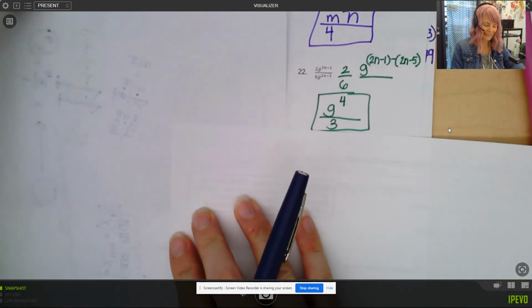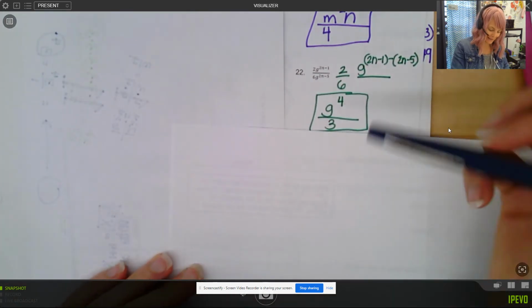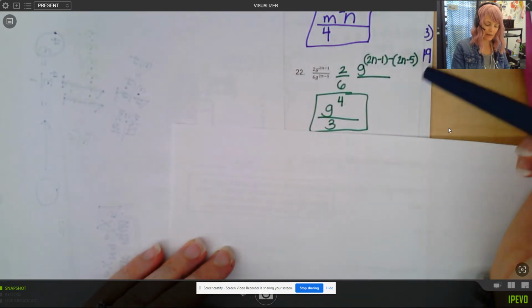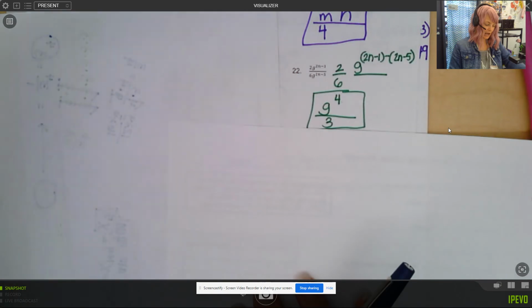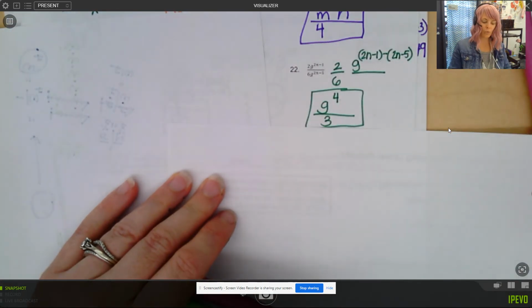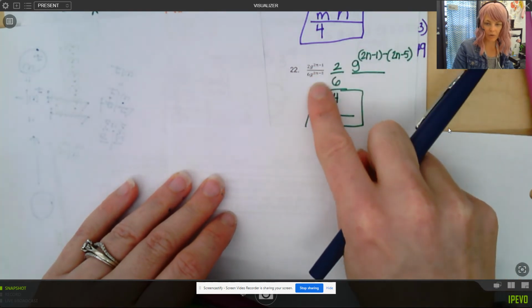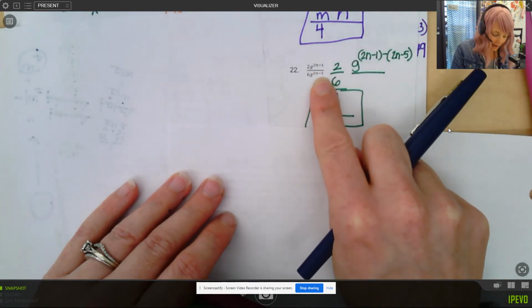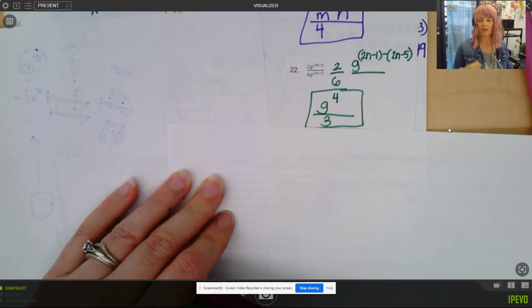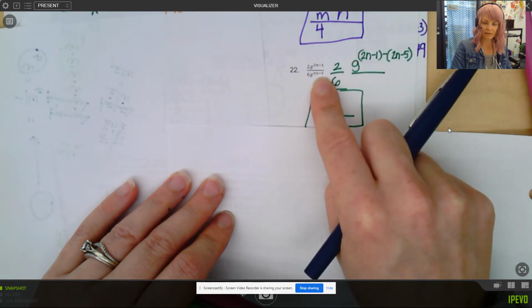Okay, so we have 2 over 6, and we have g to the 2n minus 1 over g to the 2n minus 5. So taking a look at this problem, we have to think about what's bigger, 2n minus 1 or 2n minus 5. Well, if you subtract 5 from something and you subtract 1 from that same something, the one you subtract 5 from is smaller.